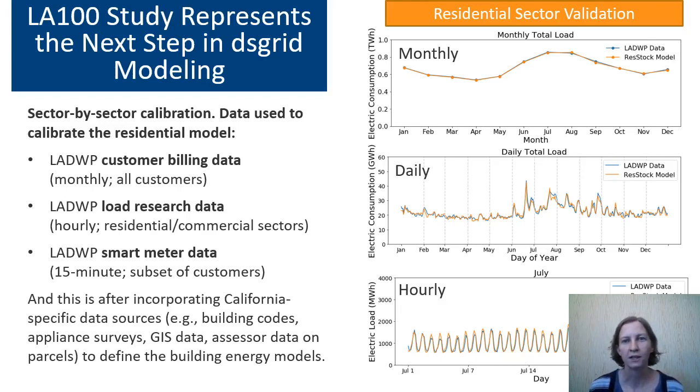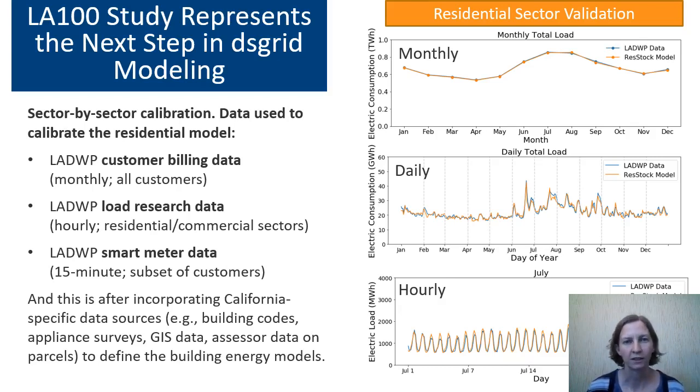And so what we can see here on the right is the ability of the ResStock model to be calibrated to historical demand at this city level, and calibrated not just at the annual level, but also capturing monthly energy demand, daily energy demand, and hourly energy demand.